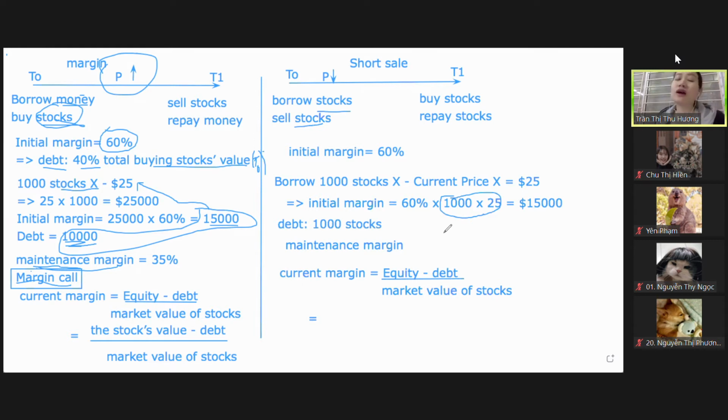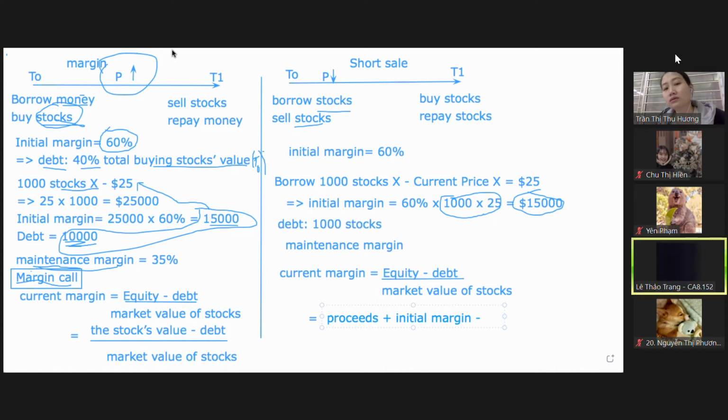So the current margin equals the money you collect from selling stock, plus the initial margin, which is the money you put in your account, and minus debt. Now what is your debt in short sale?